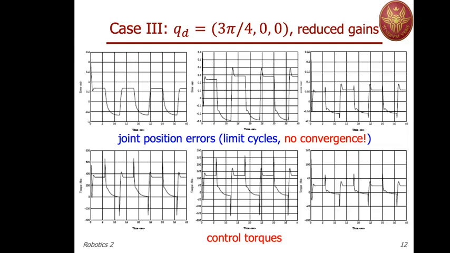In fact, you never find a 0 in the upper plots for any of the 3 joints. So you see that the system cannot converge if you violate the sufficient condition. It may converge if you violate it, and it certainly will converge if you don't violate the sufficient condition.